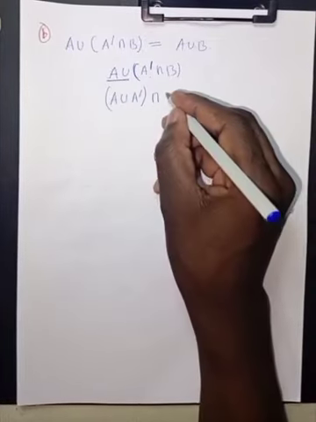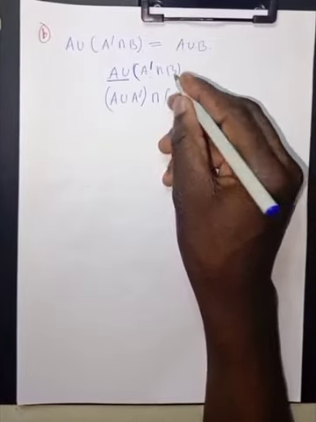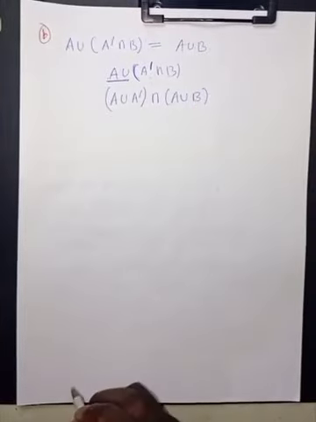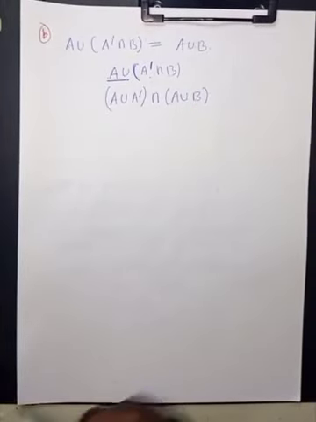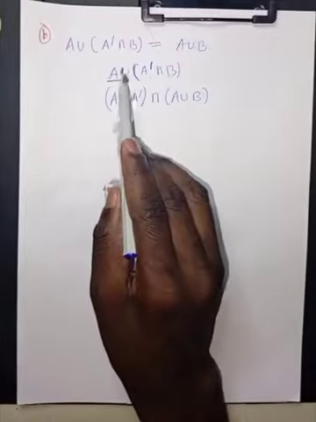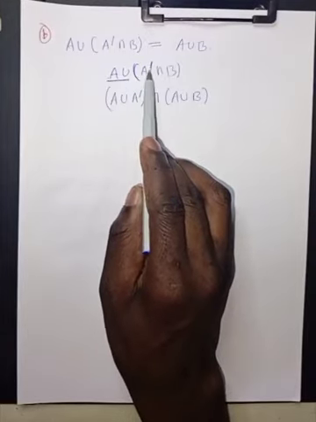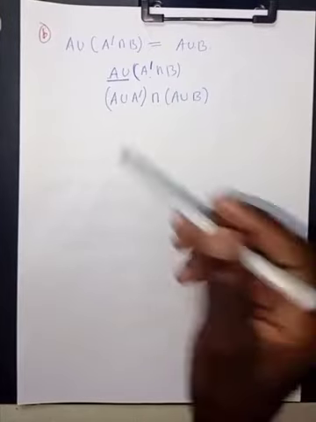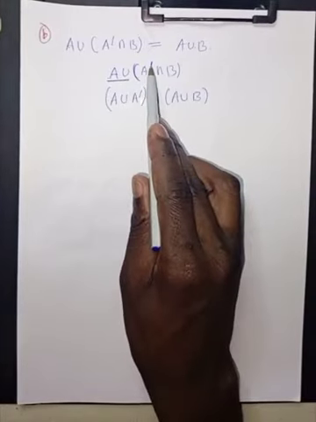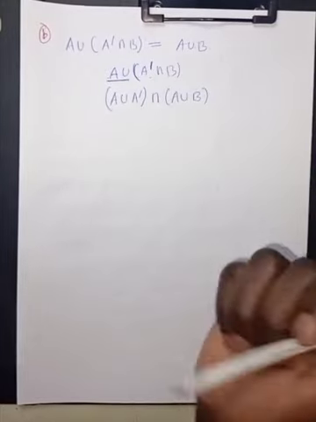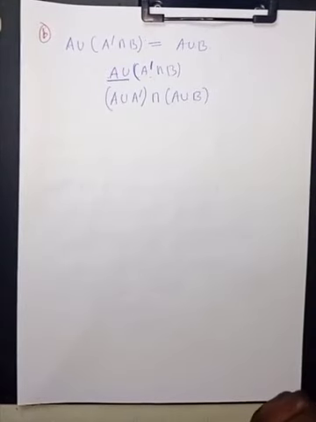Again, we come here, A union B. So this is what we have. Meaning what we have done here is basically A is outside. We have multiplied A with what is inside the brackets, meaning A union A complement, intersection A union B. And then we get this.